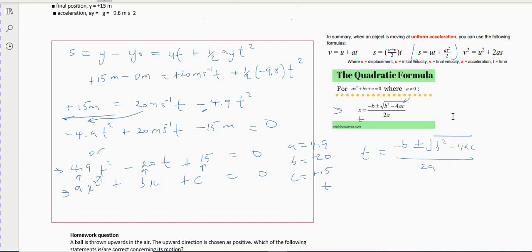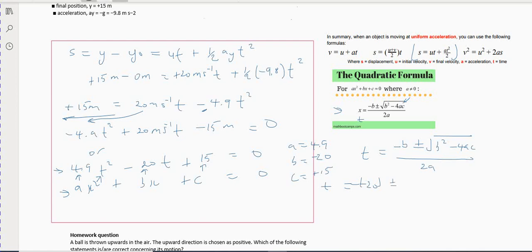So t is equal to, b is negative 20, but there's also a negative sign in front, so that's negative negative 20, plus or minus.